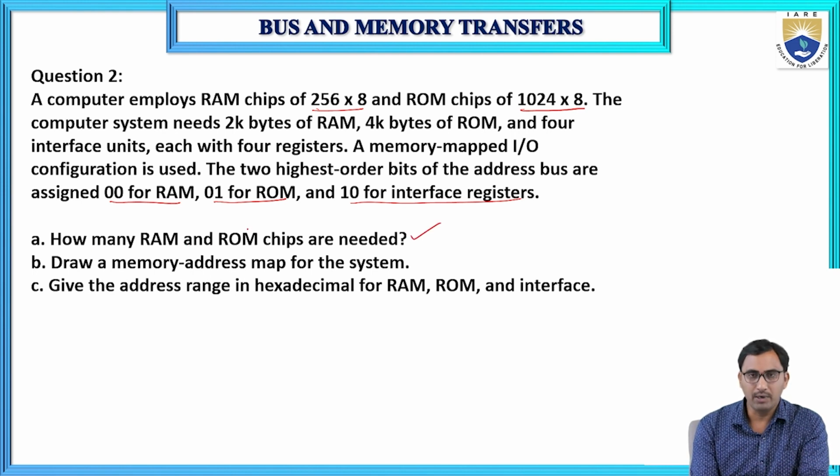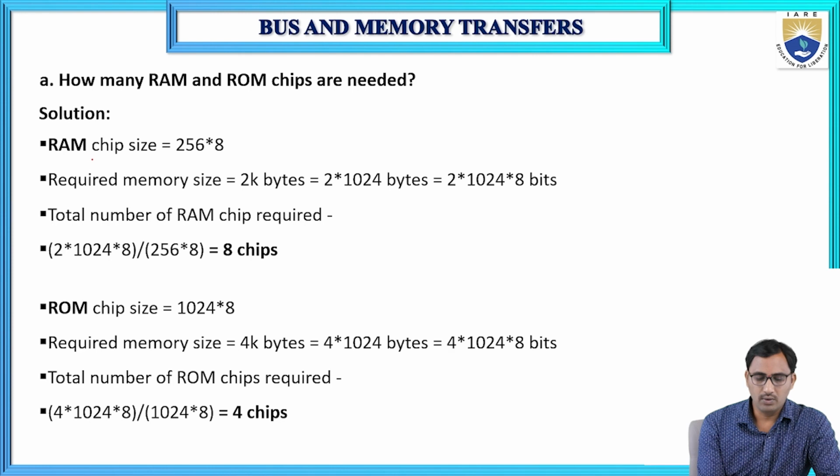So how many RAM and ROM chips are needed for 2 kilobytes of RAM and 4 kilobytes of ROM? First, the available RAM chip size is 256 by 8. The required memory size is 2 kilobytes. 1 kilo means 1024 bytes, so that means 2 into 1024 into 8 bits, since 1 byte is equal to 8 bits.